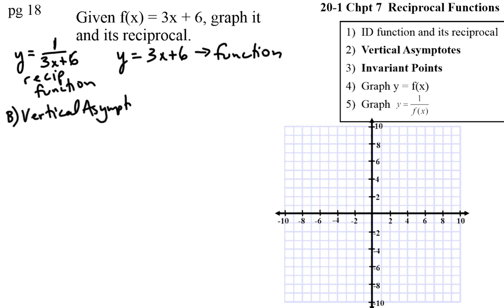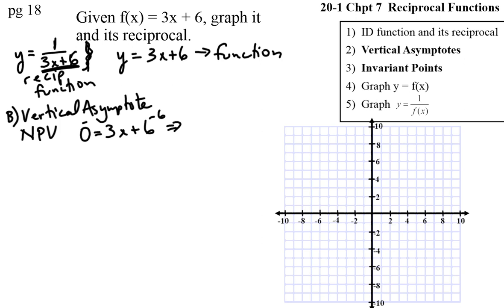Well, the vertical asymptote occurs at the NPV value. Well, if I take a look, what's my NPV? My NPV occurs, because I don't want my denominator to be 0, when 0 is equal to 3x plus 6. Because we don't want 3x plus 6 to be 0, so what's the x value that does that?